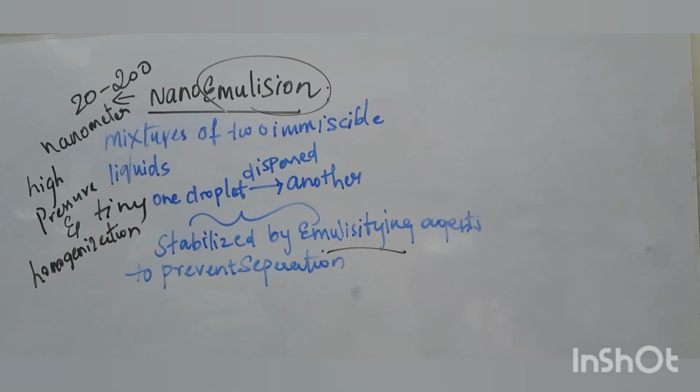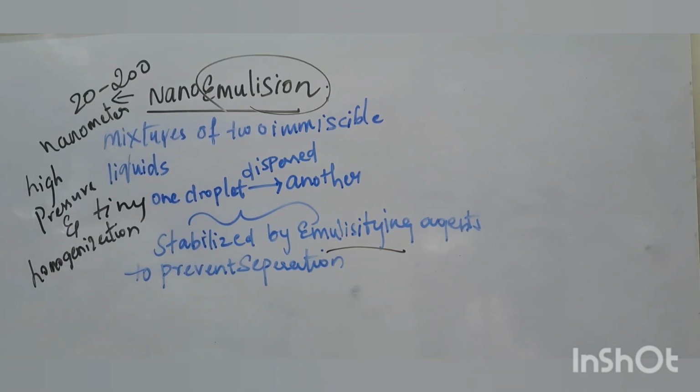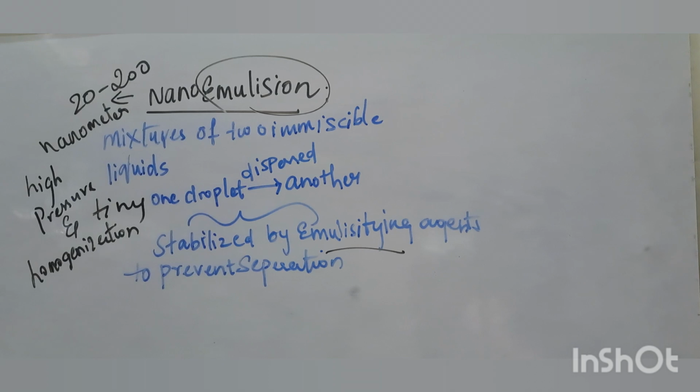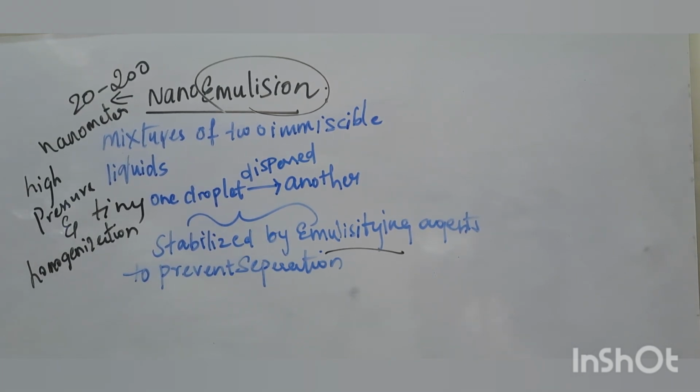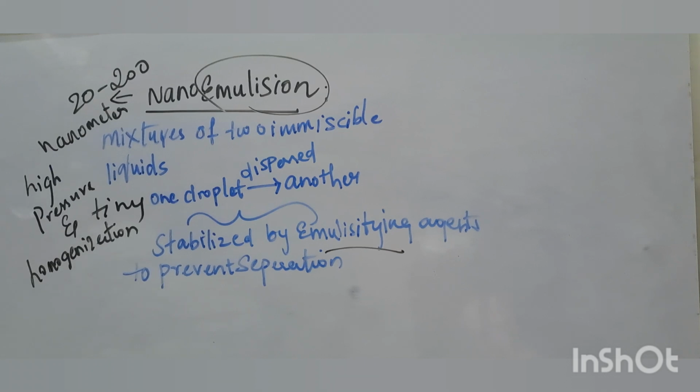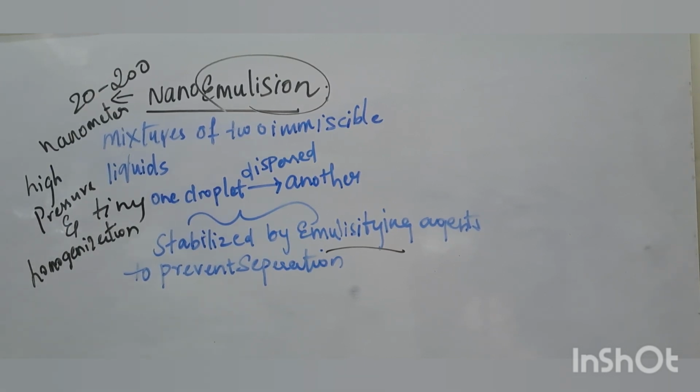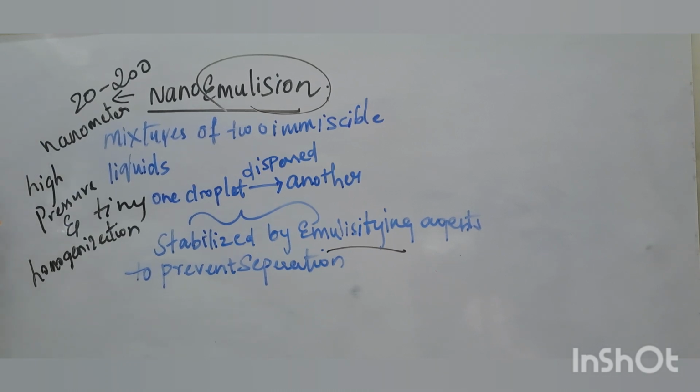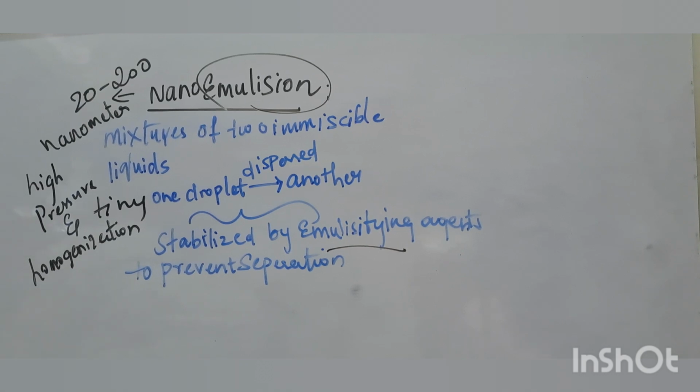Within the range of 20 to 200, the nano emulsions came into the light. So the main definition of nano emulsions goes like this: the droplet dispersed from one droplet to another droplet, which is made by high pressure and homogenization within the range of 20 to 200 nanometers, is called nano emulsion.